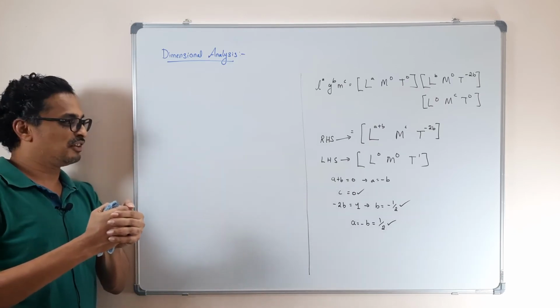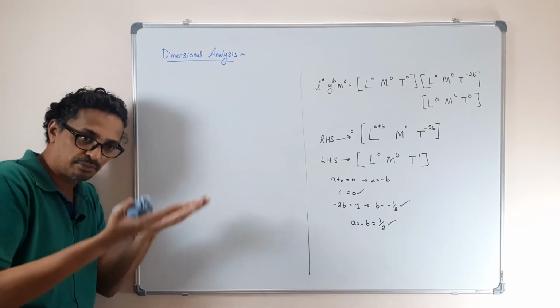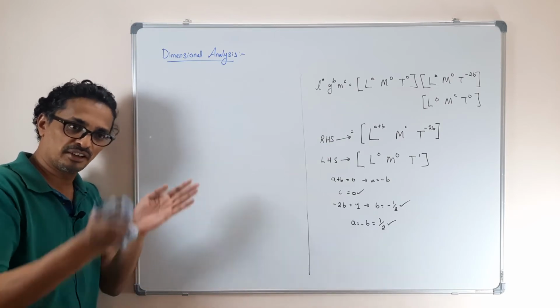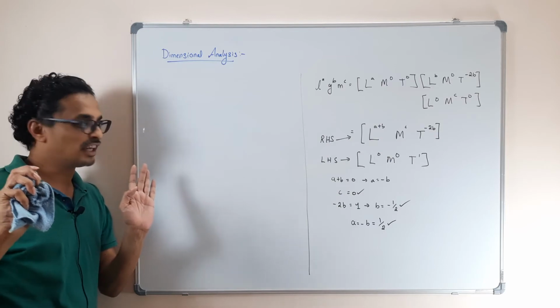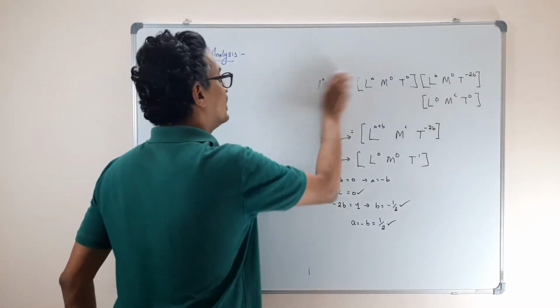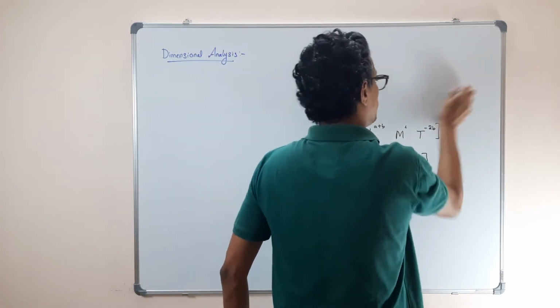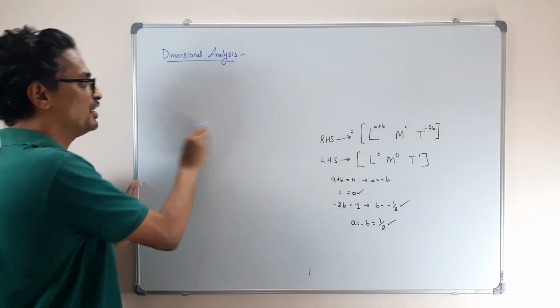If both of you have to do the experiment together, you have to combine them. Either you convert into the CGS system, or she converts into the SI system. Otherwise you have to keep fighting. So dimension analysis gives you a way to convert your units also.